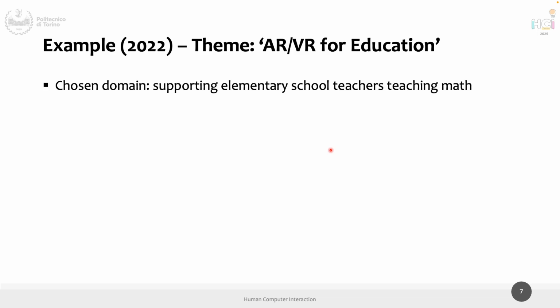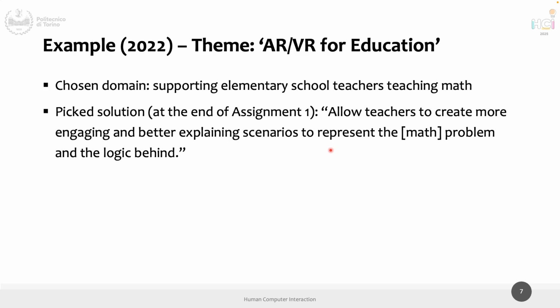That is something you should come up with at the beginning of assignment 1 as an idea. Is it clear? Because it will not be on Wednesday. I will start to hear things that are not like this. Okay. So at the end of assignment 1, after talking with teachers, after observing things the teacher does today to teach math at the elementary school, after listening to what students struggle with, they pick this solution.